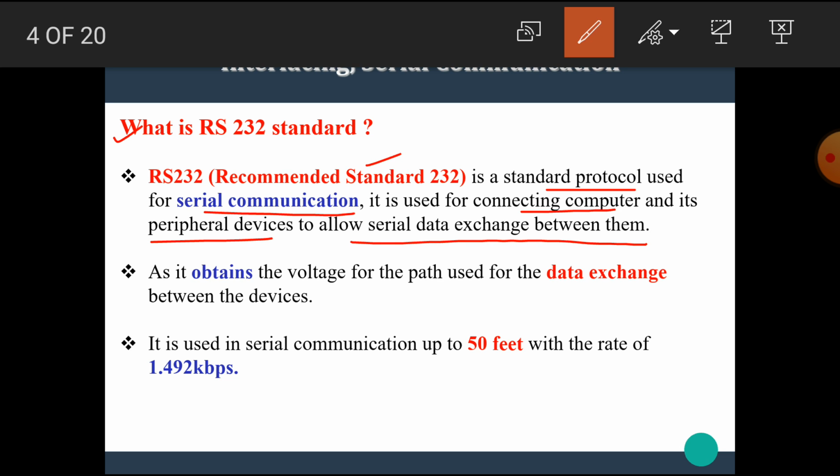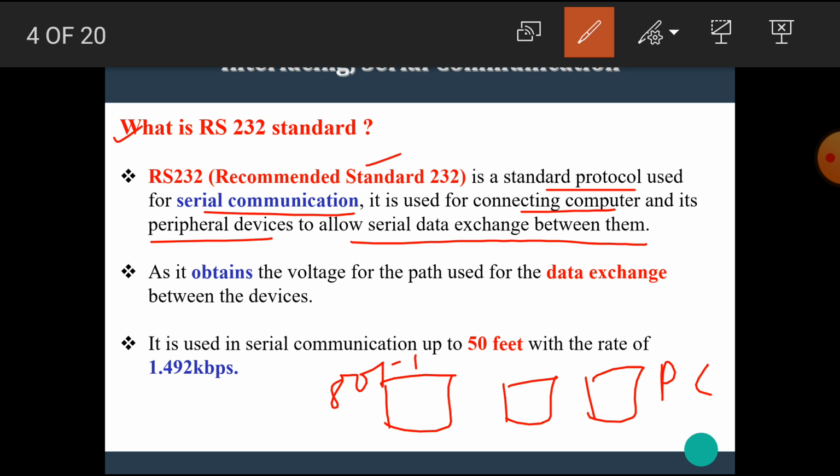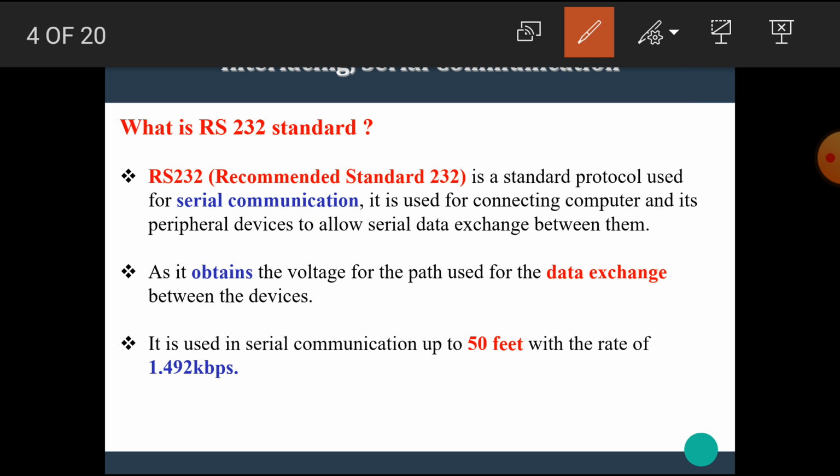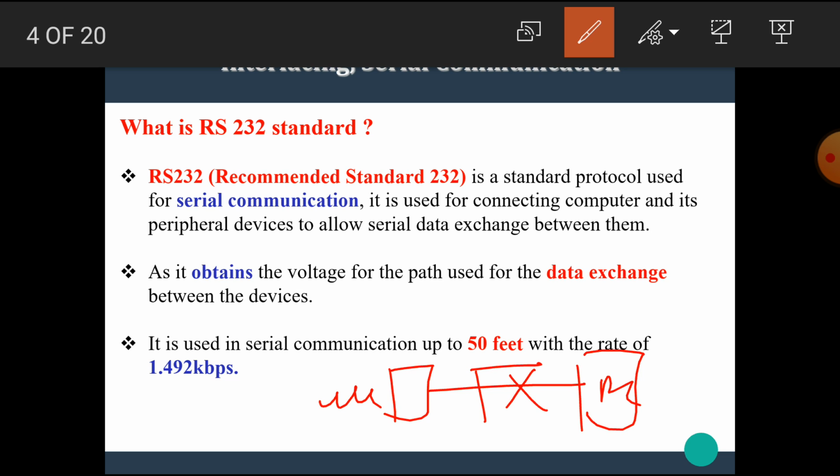That means if we want to interface our 8051 microcontroller with the PC, then we require the RS-232 standard. We cannot connect the 8051 microcontroller directly with the PC. Here, in between them, we have to use the RS-232 standard.